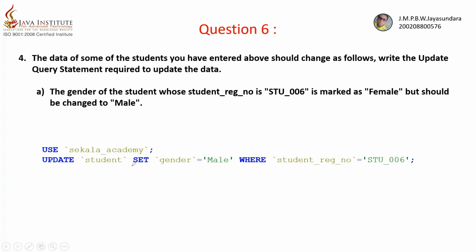After that, we need to give the correct value using the set keyword. After we insert the set keyword, here we have given the column name and the new value. After that, we have given a condition in here to identify this student, and we have said where student register number column value is equal to STU006.